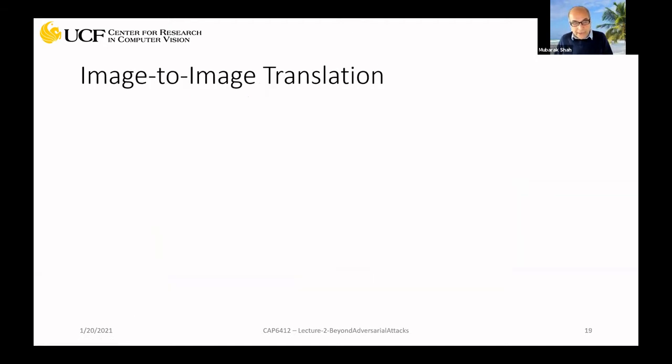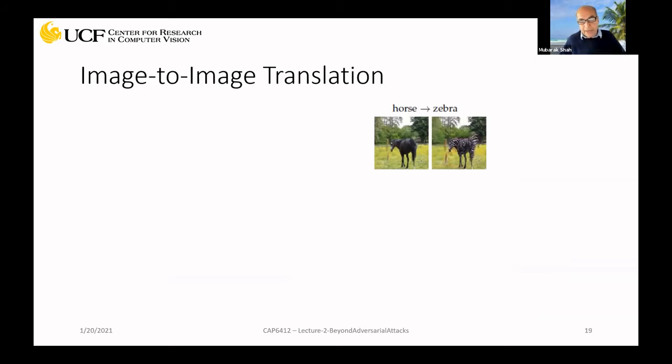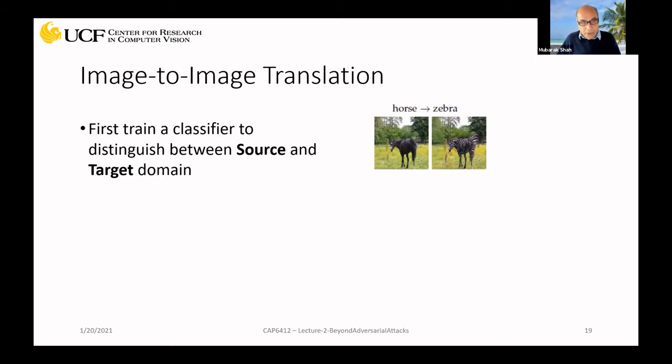Okay. So another example is that we are given a horse image and we want to convert it to zebra. This is image to image translation. There are lots of papers on that also using standard GAN. For using this robust classifier, we first train a classifier which can distinguish between source and target. Here source is a horse and target is zebra.